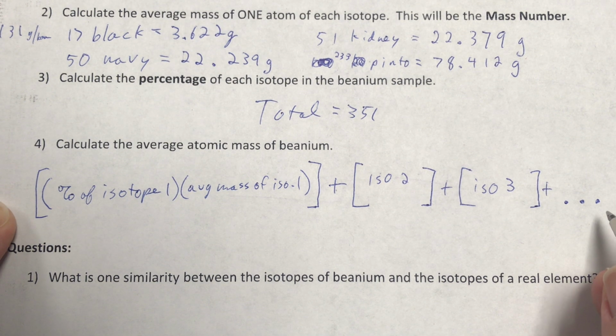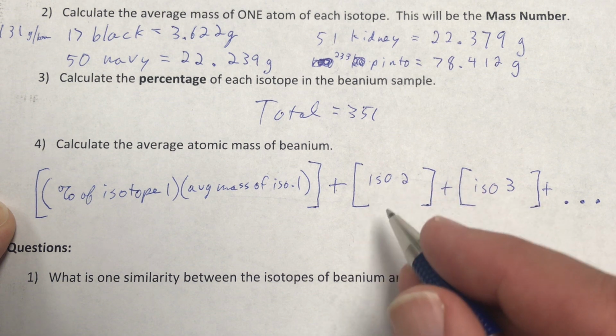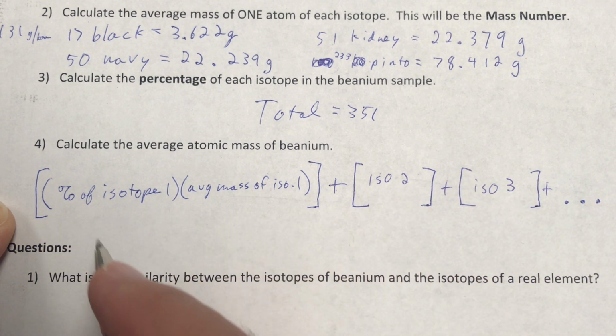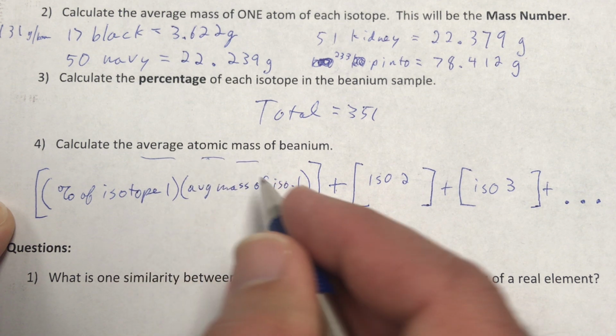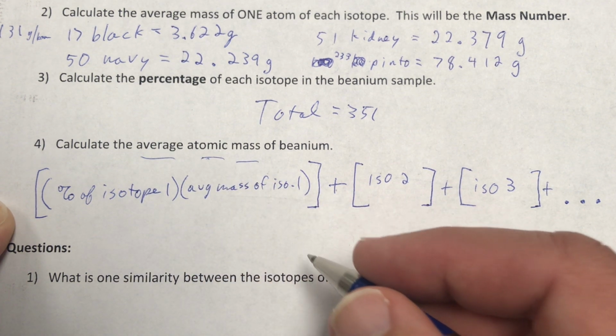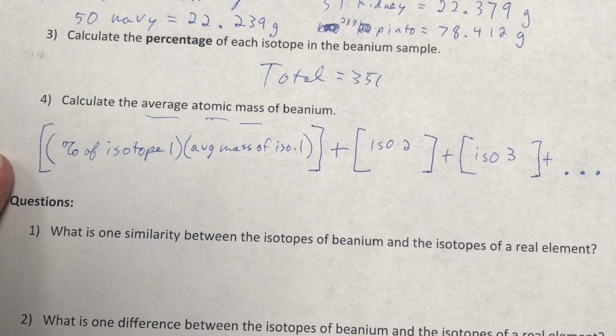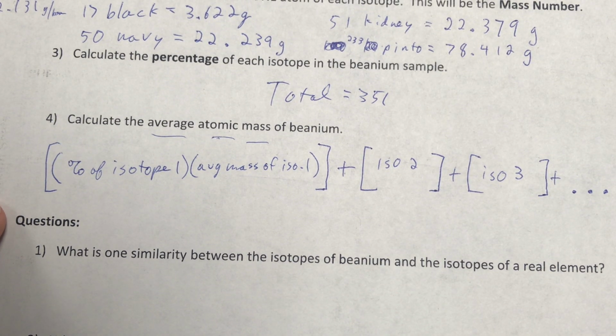In our case, there were 4 isotopes, so there will be 4 sets of calculations. Then we will sum those up, and that should give us the average atomic mass of Beanium. All right, and then there will be some analysis questions for you to answer as well.